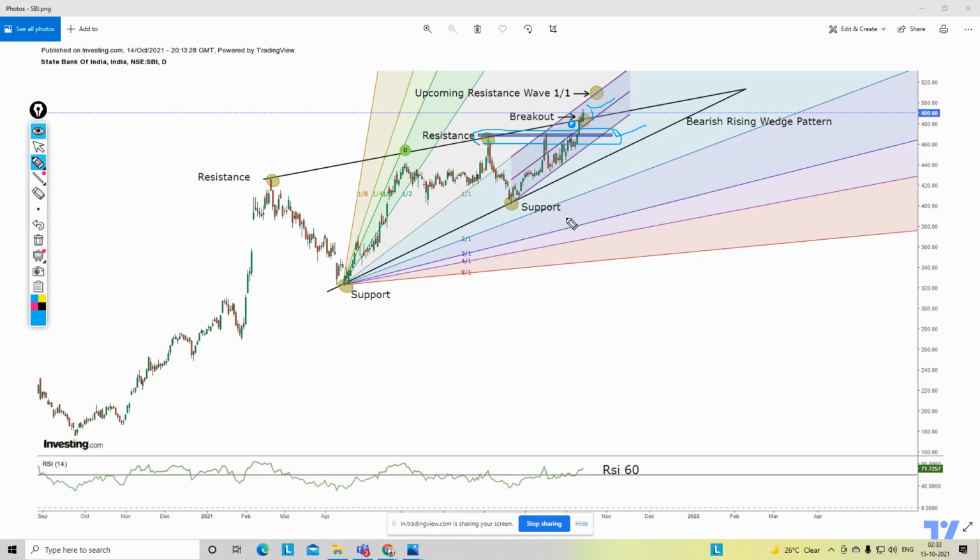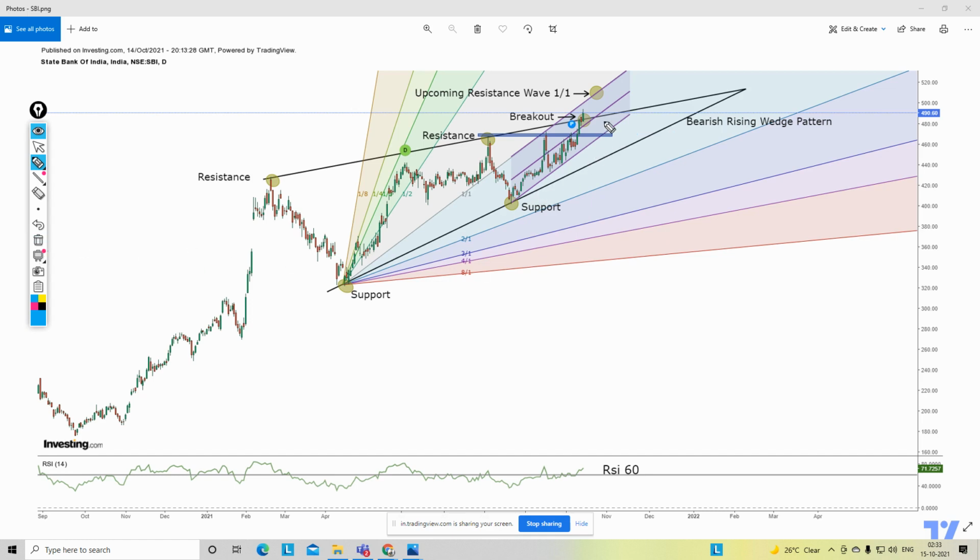In the third slide, we'll talk about all the levels. In the first two slides, we'll just talk about the patterns and the structure. So if it resumes the pattern, it will touch this base first. This base will become the first support for SBI.